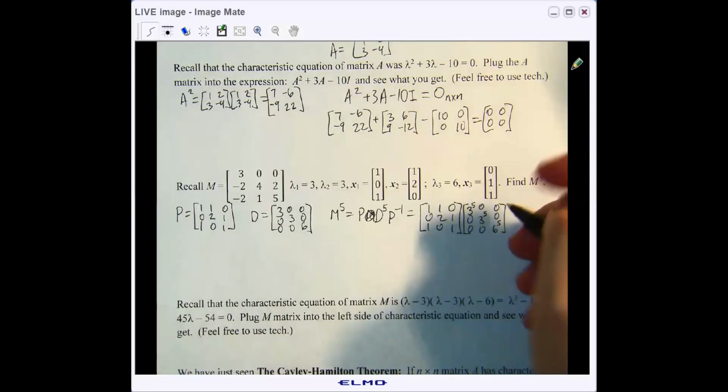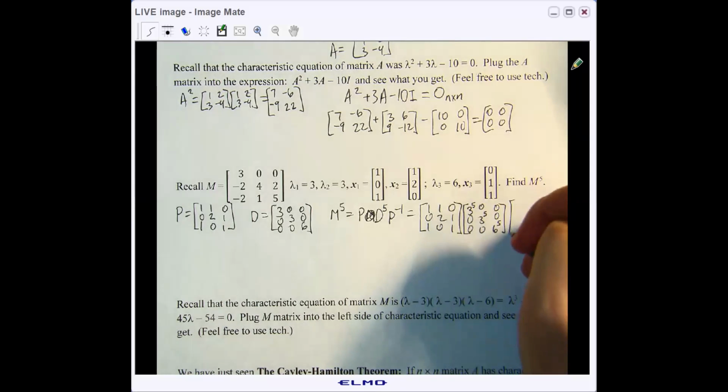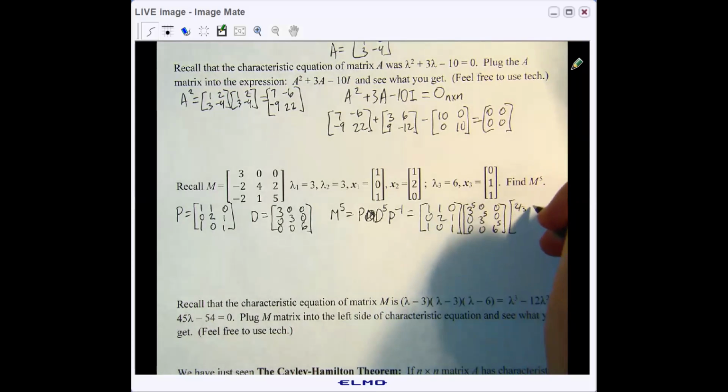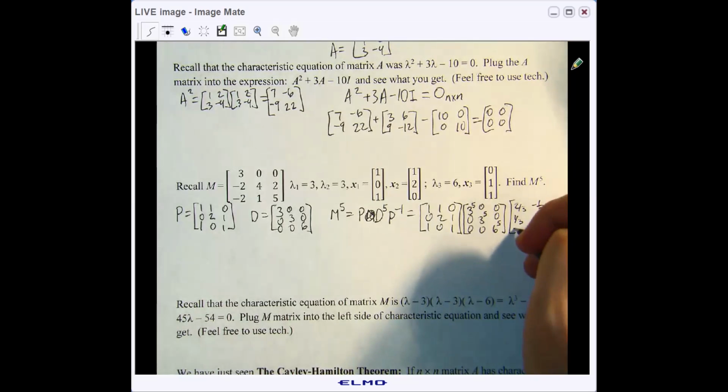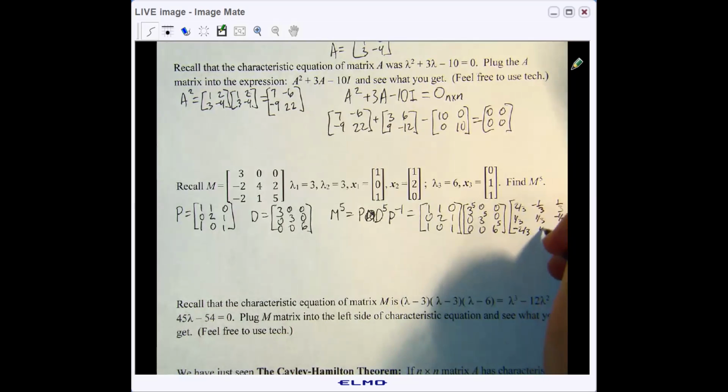Okay. Matrix P inverse was 2/3, -1/3, 1/3, 1/3, 1/3, -1/3, and then -2/3, 1/3, and 2/3. We could factor the 1/3 all the way out front.